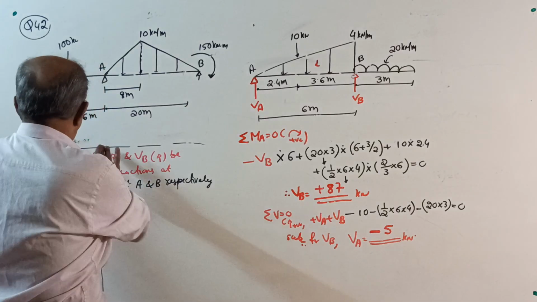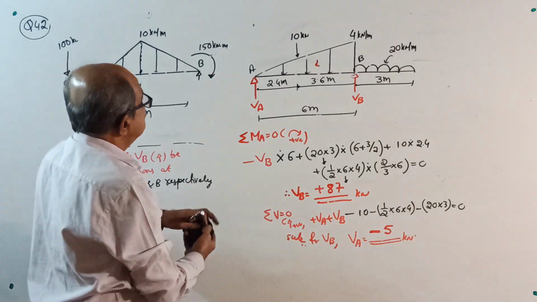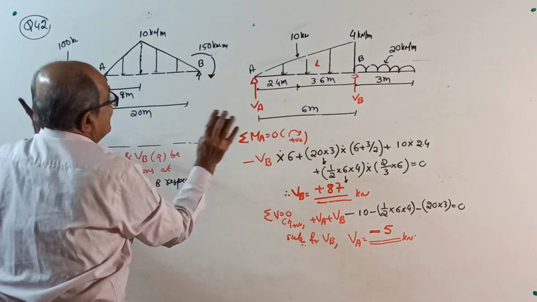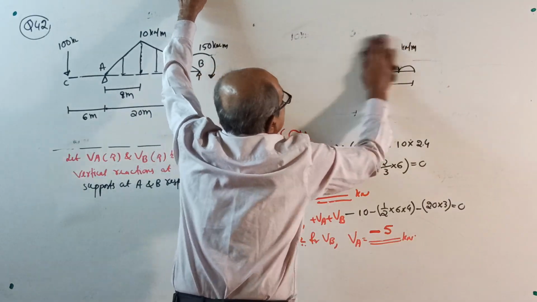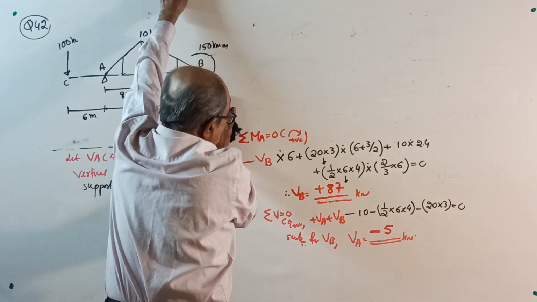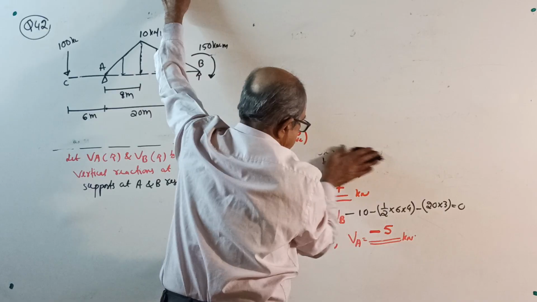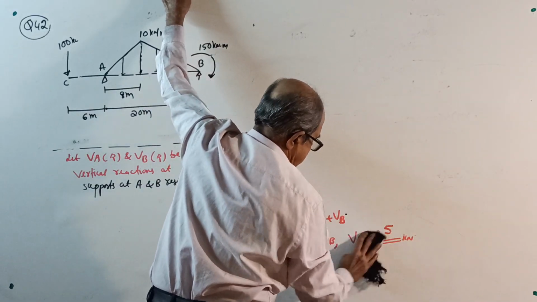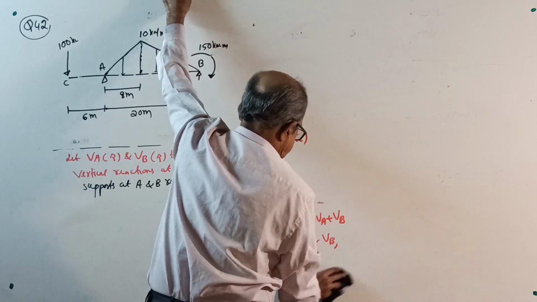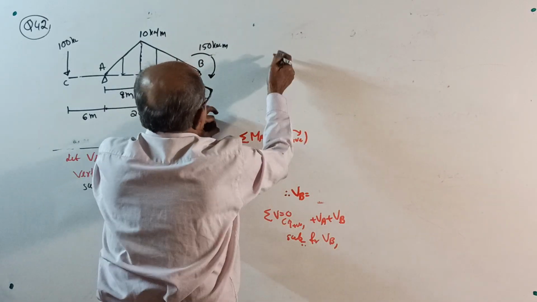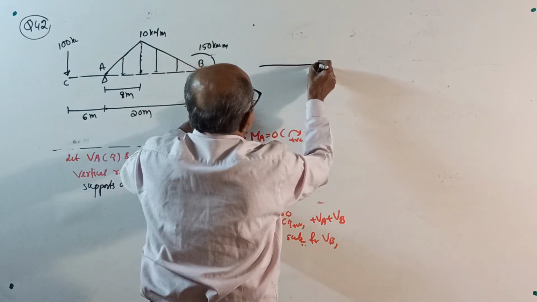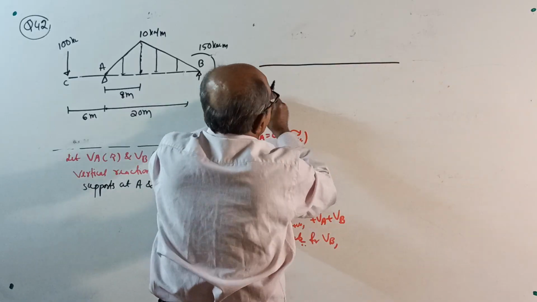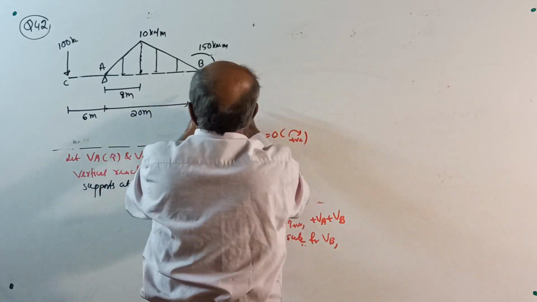So write as usual. Put the sketch a little down because there is an upper side space problem.